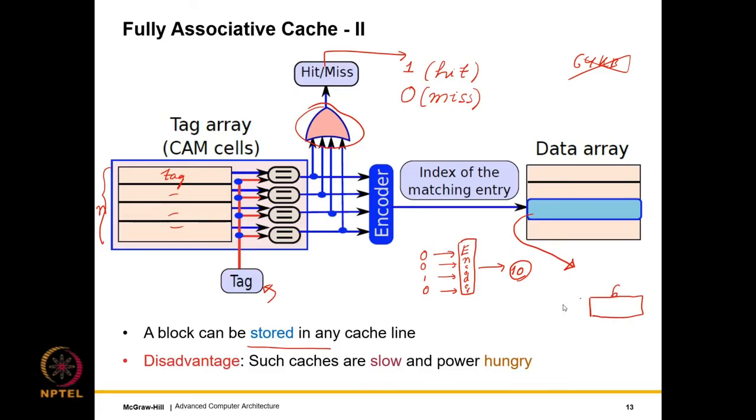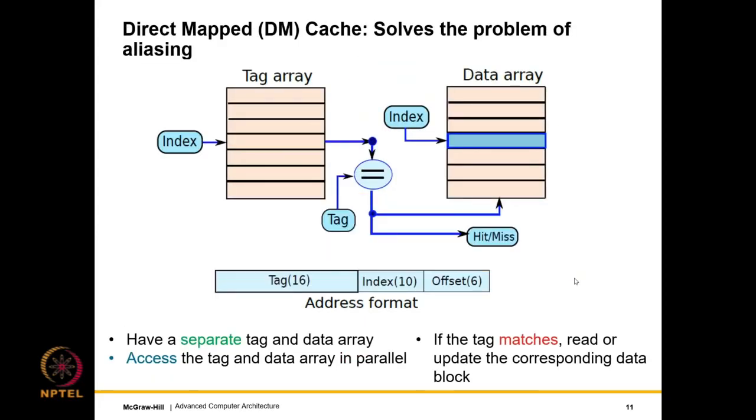But then we are not specifying anything about which block can be mapped to which index. It's pretty much a free for all. So the tag will actually be the next 26 bits, which is the entire block address, because we are not using any part of the block address to index the cache line. Since no part of the block address is being used, the entire 26 bits is the tag. Recall that in a direct mapped cache, the tag was 16 bits, mainly because the index was 10.